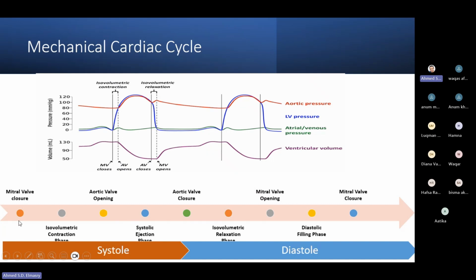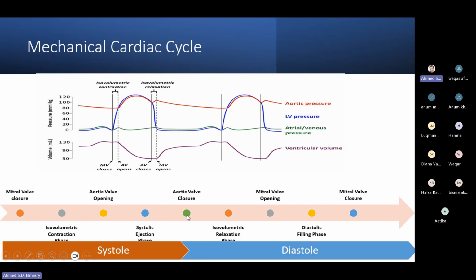So the mechanical cardiac cycle starts with mitral valve closure, and this will initiate the phase of the isovolumetric contraction. After that, the aortic valve will open, where the left ventricle blood will be ejected to the aorta in the phase which is called the systolic ejection phase.